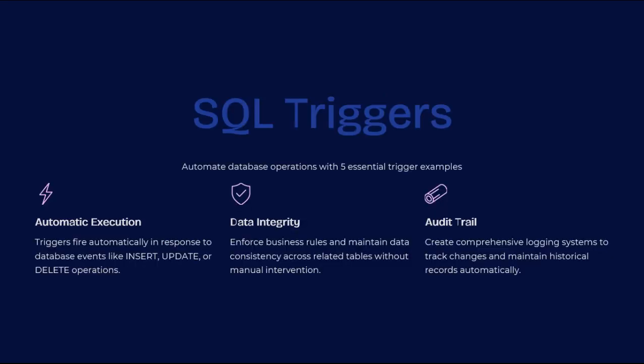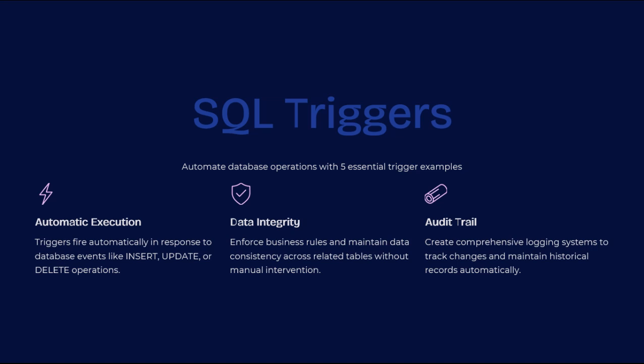Next is SQL triggers. Automate database operations with 5 essential trigger examples. Triggers fire automatically in response to database events like insert, update or delete operations. They enforce business rules and maintain data consistency across related tables without manual intervention.